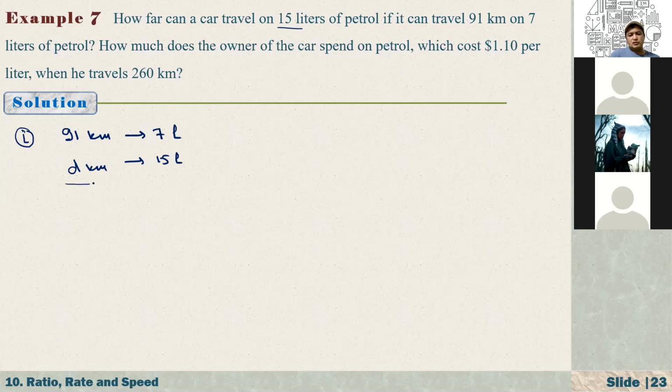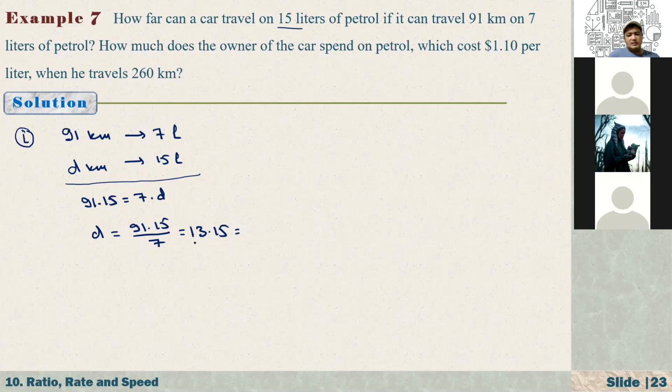Now, to solve this question, usually we just draw a line, and cross multiply, that is 91 times 15 equals 7 times d. Now, from here, what is d? d equals 91 times 15 over 7. And 91 divided by 7 is equal to 13. And here we have 15.